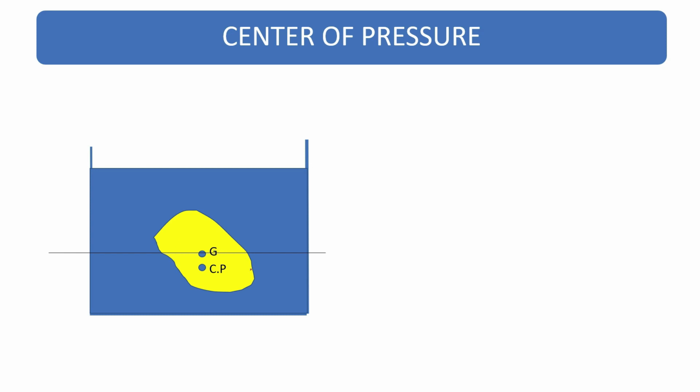So the lower portion of the body experiences a slightly higher pressure than the upper portion. So the center of pressure naturally shifts downward.